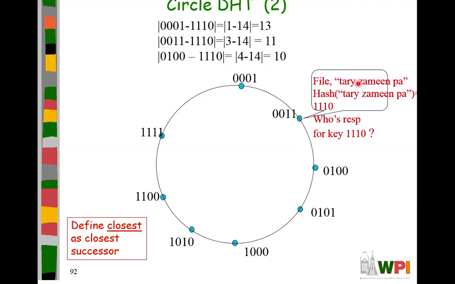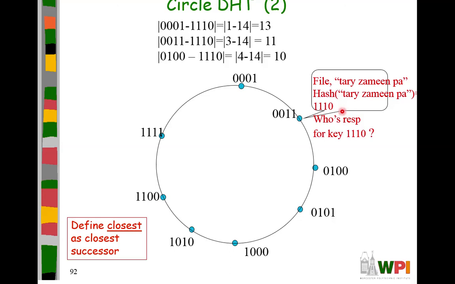Now if it wants to share a file, and the file name is Tare Zameen Pe, it will apply the hash function, and the hash function value is, suppose, this one. This hash value is in the same range as the identifiers of the peers. Suppose this value is 1110, which represents 8 plus 4 plus 2, that is 14.